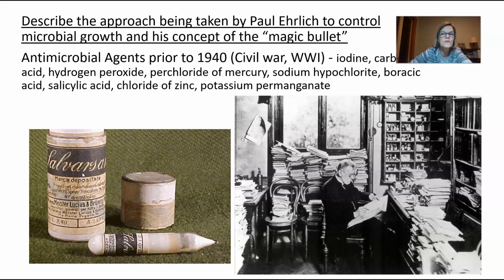And salvarsan was used to treat syphilis. So it was our very first drug that was used to treat a certain kind of pathogen. So Paul Ehrlich gets credit for coming up with the first magic bullet. High toxicity was a major problem for this drug and many of the chemicals used at the time.